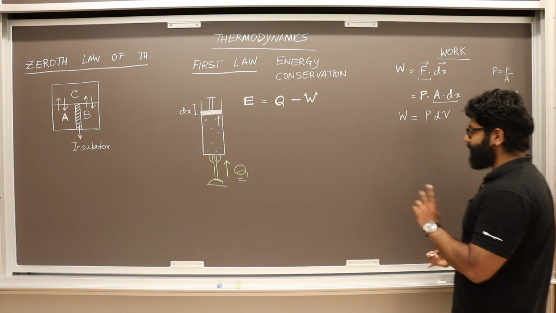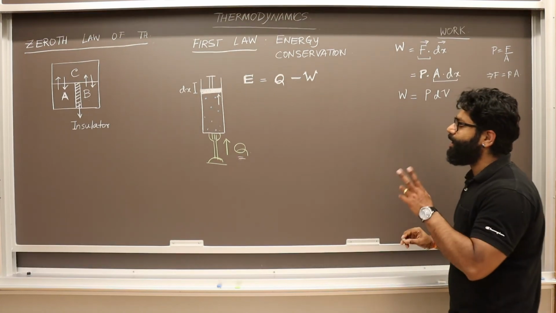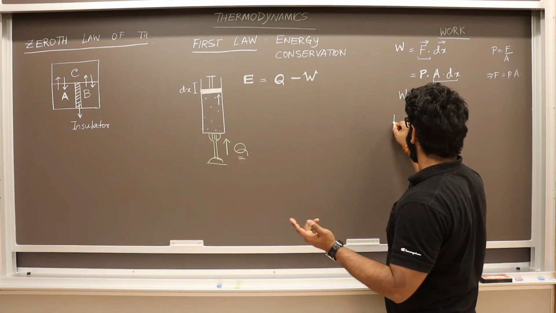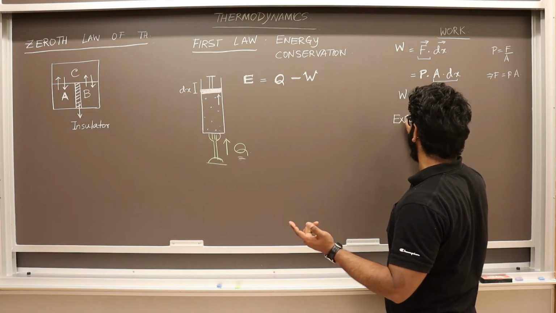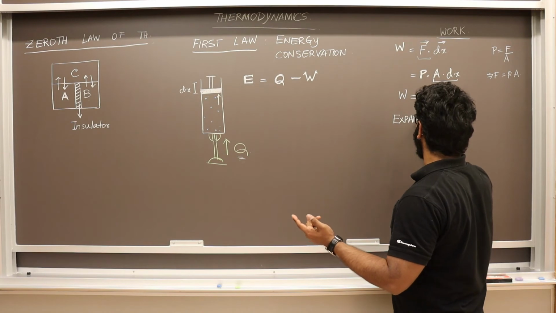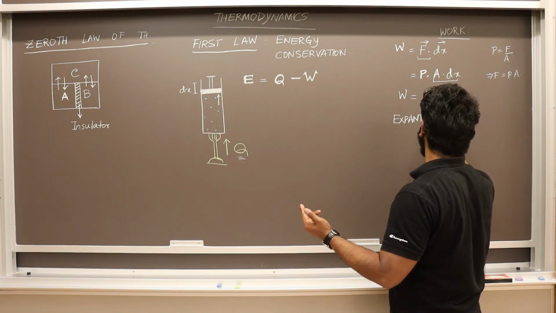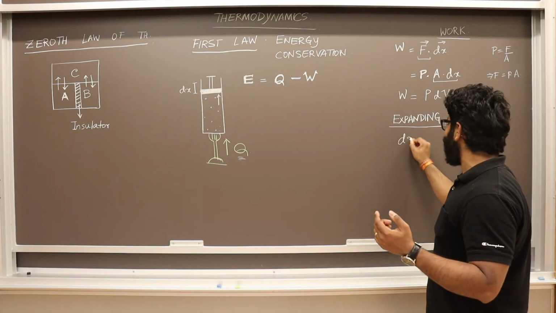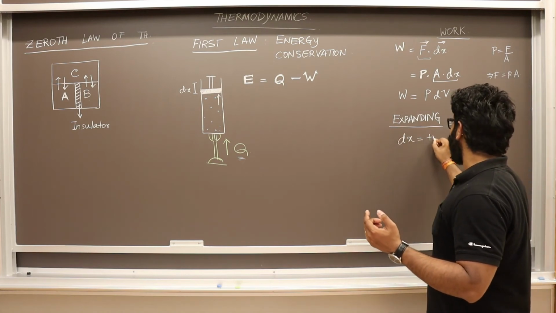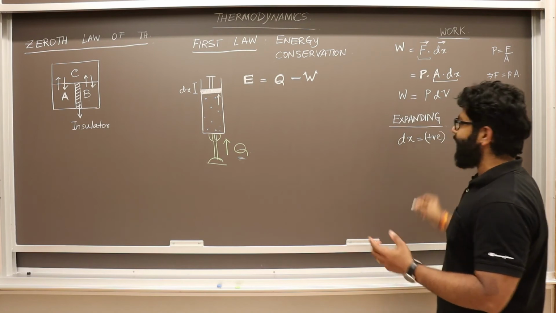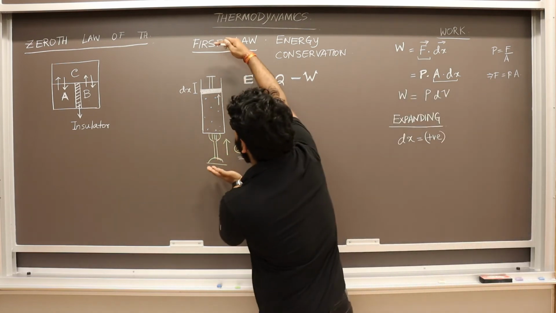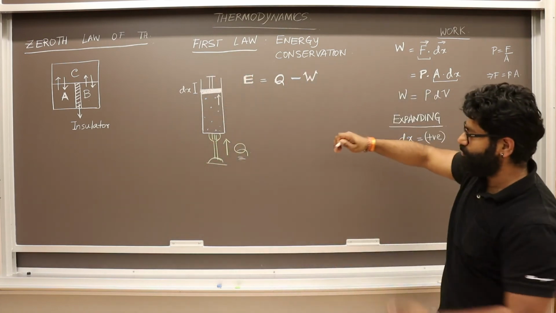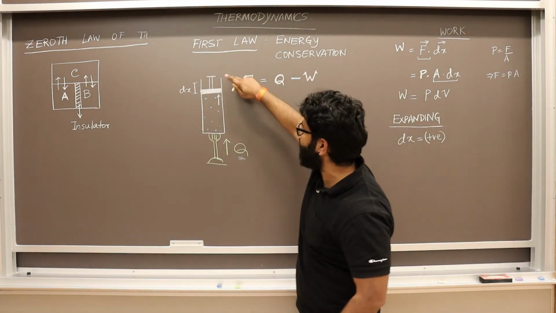Now there can be two things that can happen. When you are expanding the gas, so let's assume that the gas was expanding. When will you say that the gas is expanding? When dx is a positive quantity, only then you will say that the gas has expanded. You increased this distance, you expanded, right?